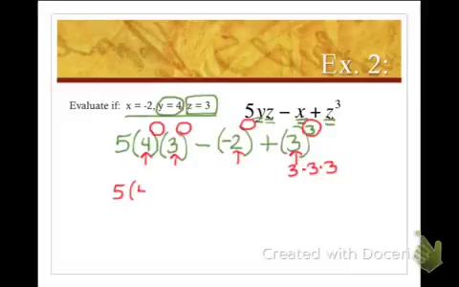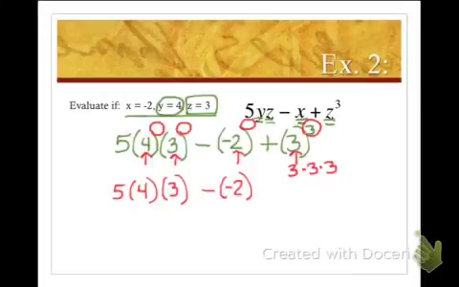So we have the 5 still in the 4 and the 3 as the way it was written, and we have this minus and then in parentheses a -2. But the result of 3 times 3, which is 9, and 9 times 3, which is 27. And you want to be very careful about that. From there, we're now going to handle all multiplication.